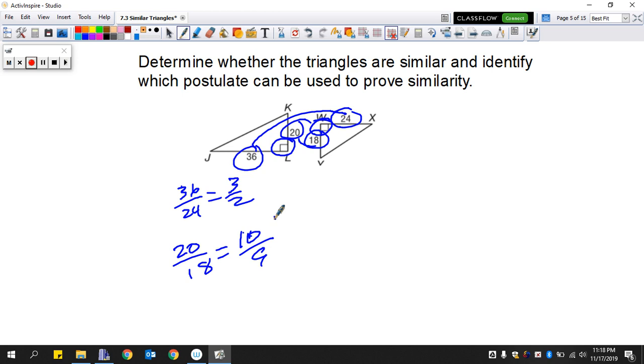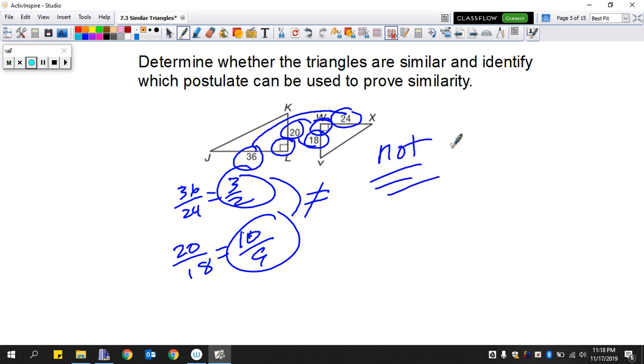And we can see here that these are not equal. So these two triangles are not similar, the two sides are not proportional.